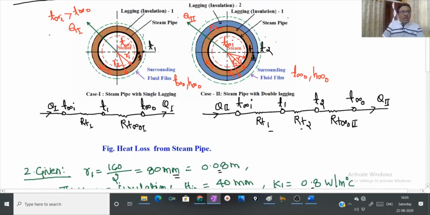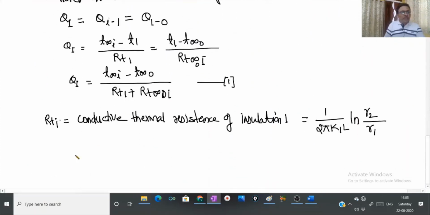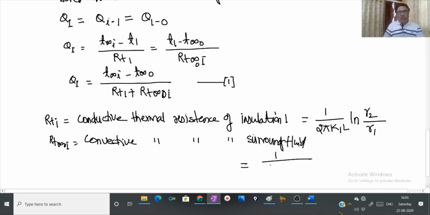RT1 will be the conductive thermal resistance of insulation 1 in case 1, and RT infinity O1 will be the convective thermal resistance of the surrounding fluid, given as 1 over H infinity O into AO, which for case 1 is H infinity O into 2 pi R2 L.